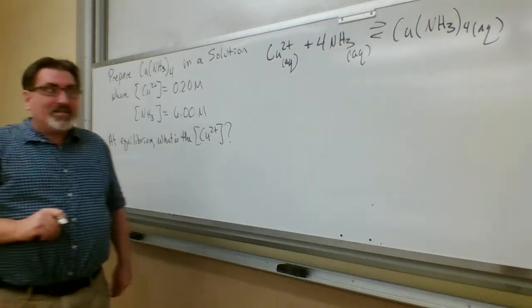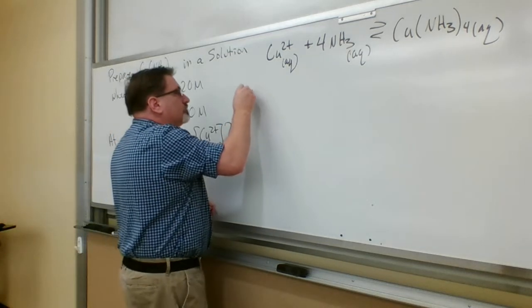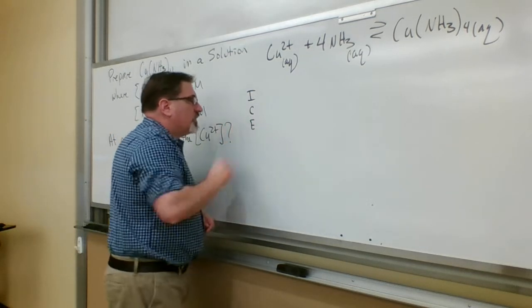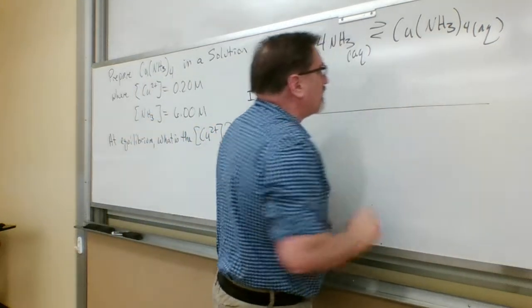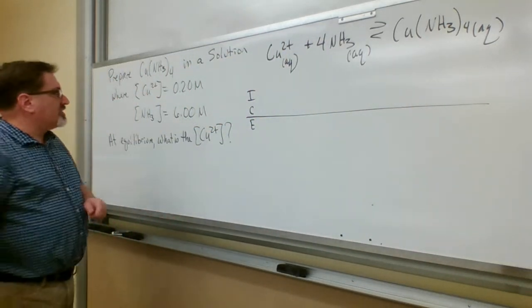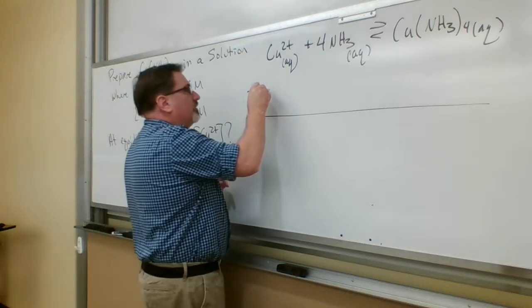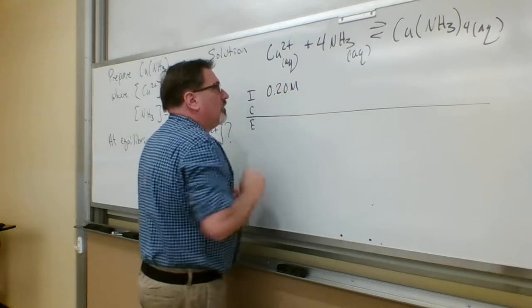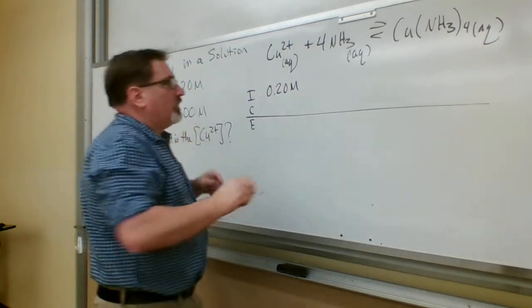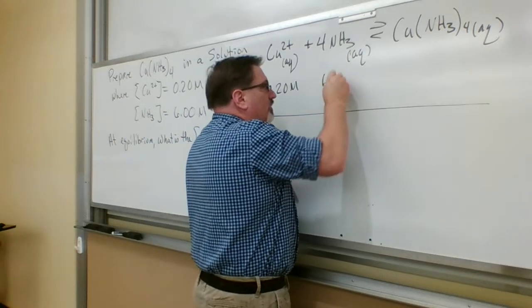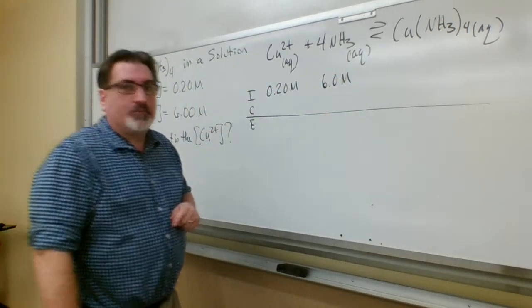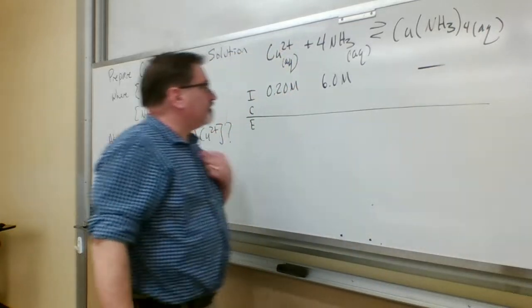And we set up an ICE table. In our ICE table, we put in our initial conditions: 0.2 molar copper and 6 molar, a large excess, of NH3, and no complex formed yet.